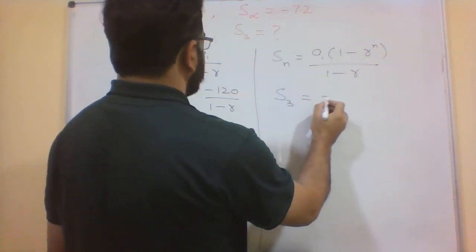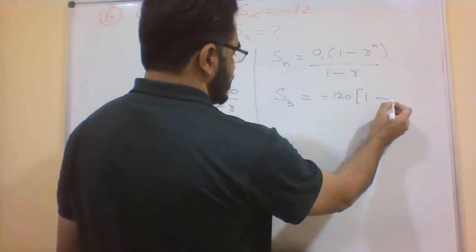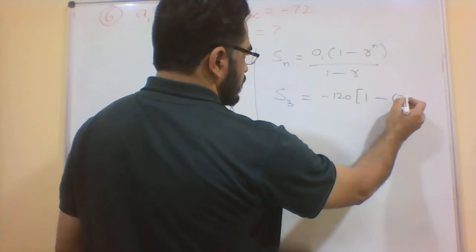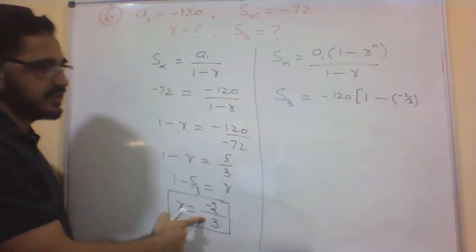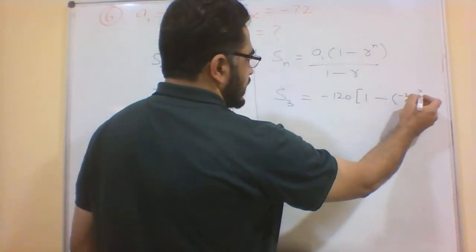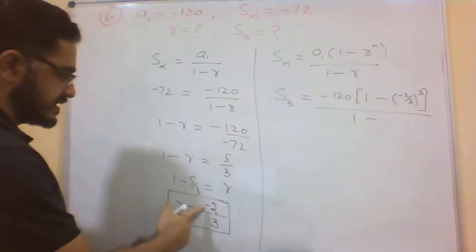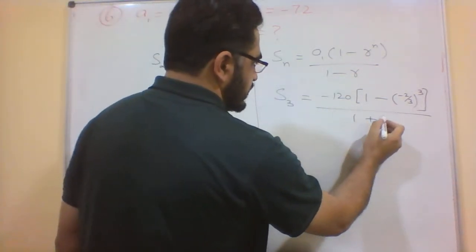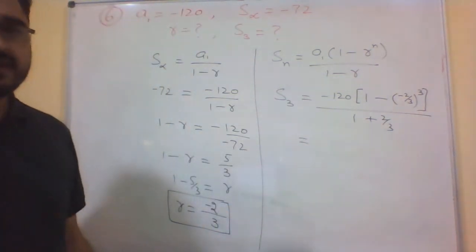A1 is already given, minus 120, times 1 minus r, where r is minus 2 divided by 3, raised to the power 3, divided by 1 minus r, which is 1 plus 2 by 3. Now we only need to simplify this.